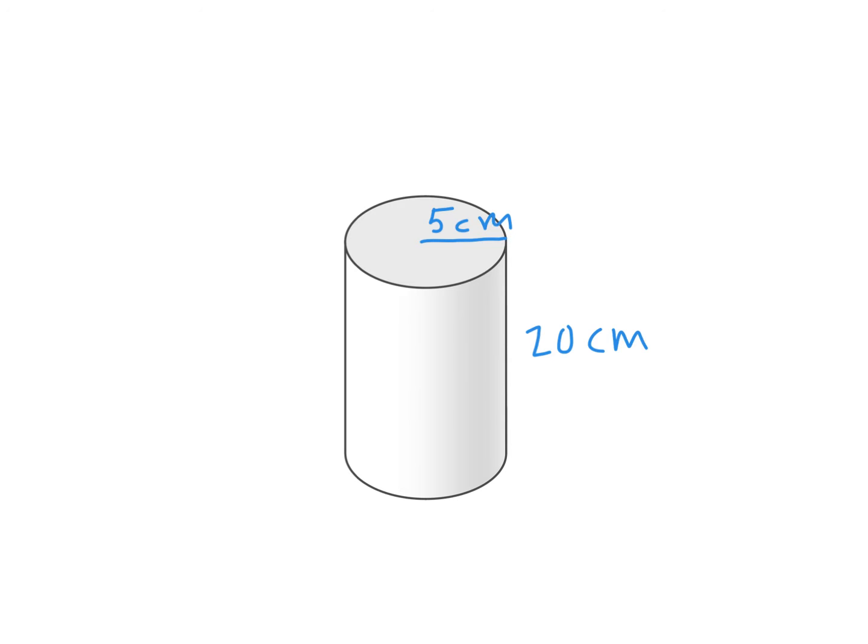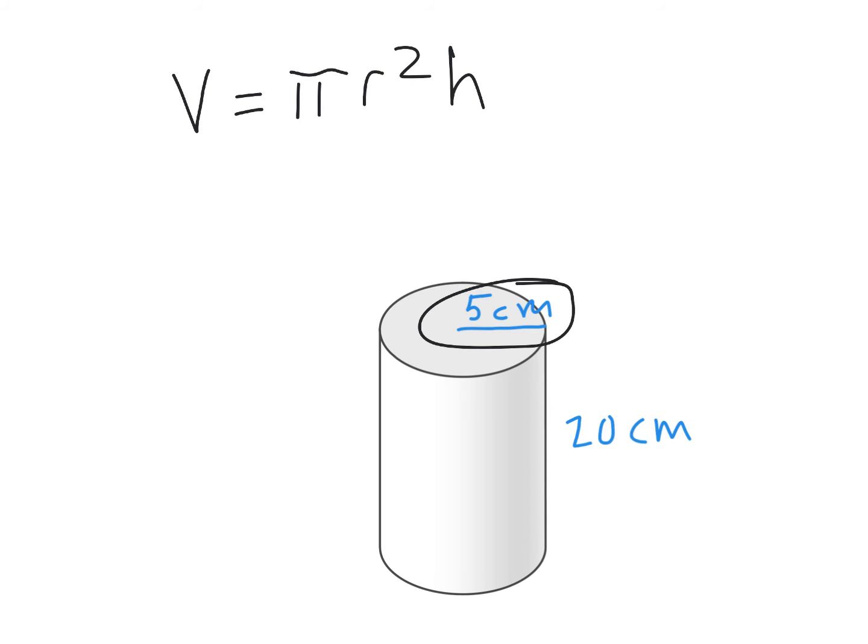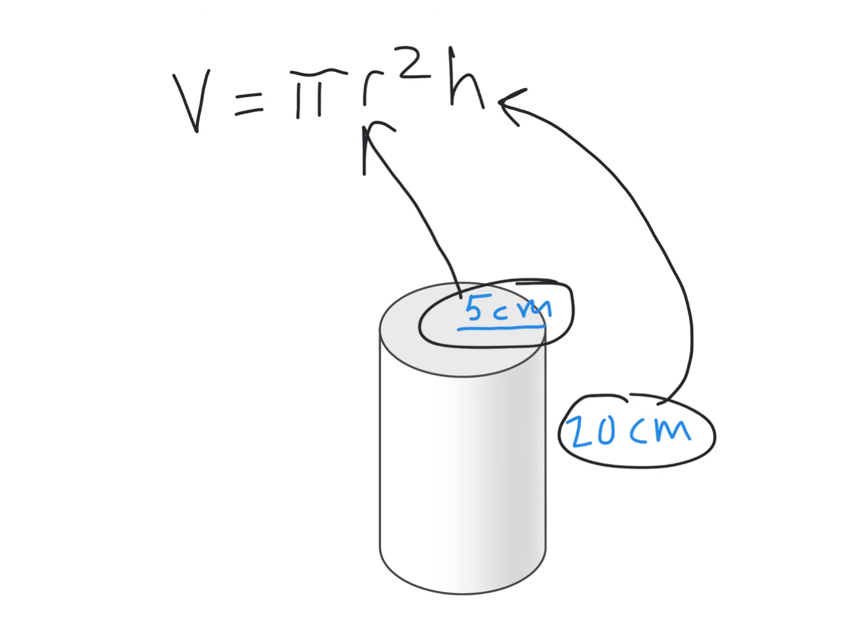Well, to find the volume of this cylinder, we would then need to take our equation: volume is equal to pi r squared times the height. And we're just going to plug these numbers in. 5 being my radius, I plug in here, and 20 being my height, I'll plug in here.